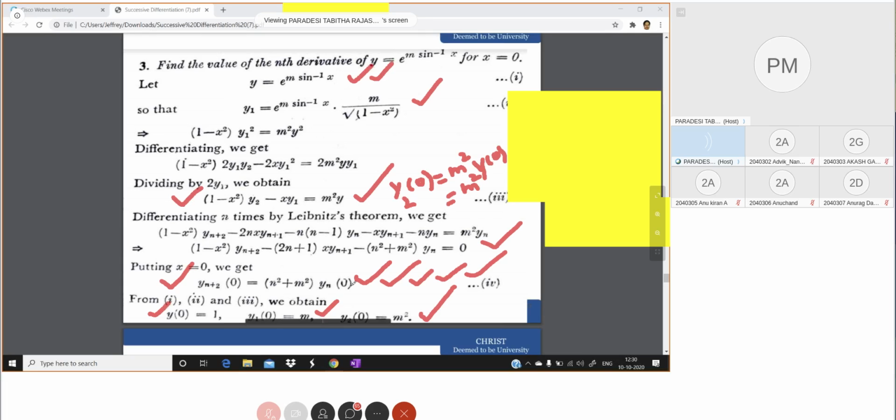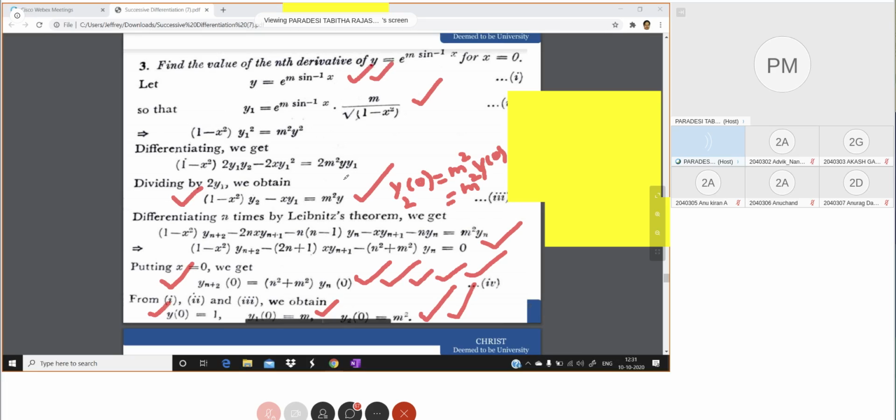Okay. What I'm trying to say is we have a formula. First three we found by going directly to those equations, because we have an equation for y, we have an equation for y1, we have an equation for y2. There we went and substituted and got the three values. So this much you've already confirmed with me that y of 0 is right, y1 of 0 is right, y2 of 0 is right. I want to find y3 of 0, but we don't have an equation involving y3, right?